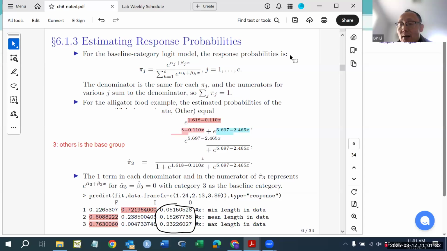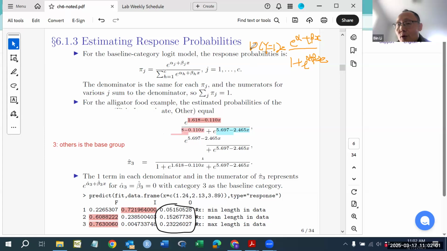The probability of having y equals to 1 will be what? The denominator is 1 plus the exponential of alpha plus beta x. Is that right? The numerator is the exponential of alpha plus beta x.